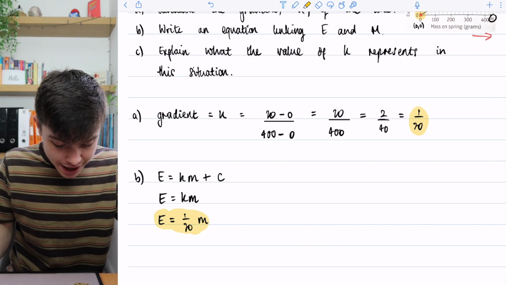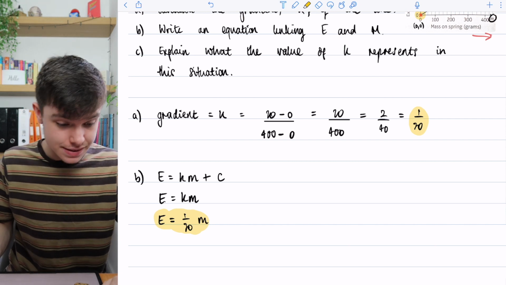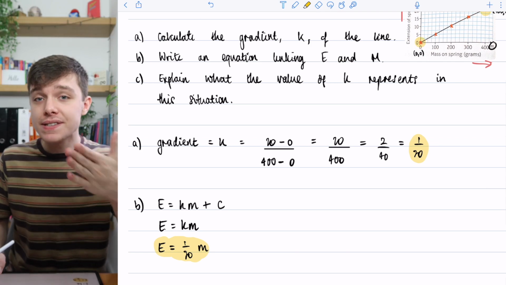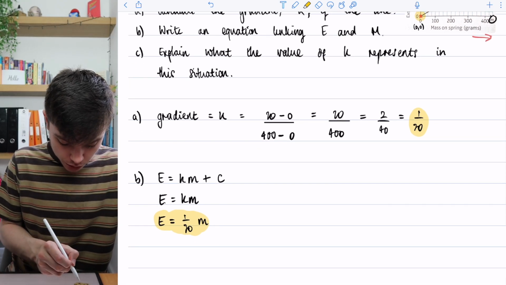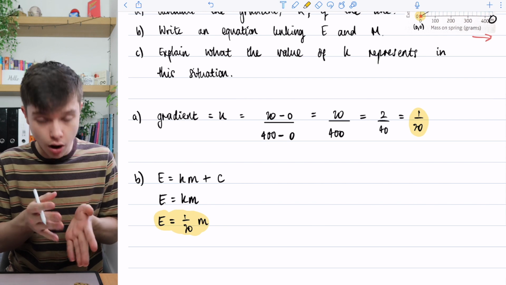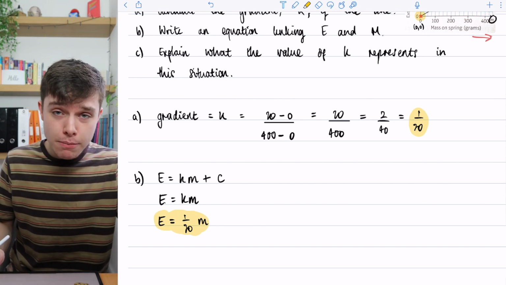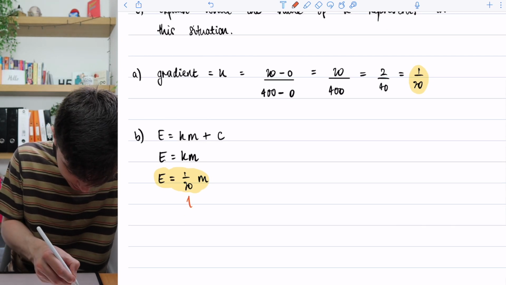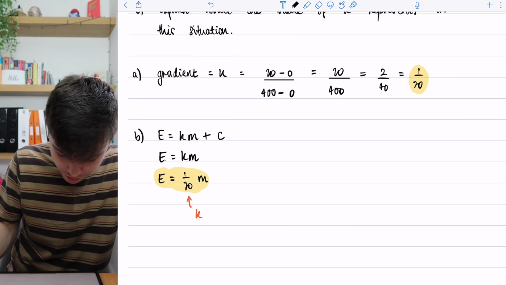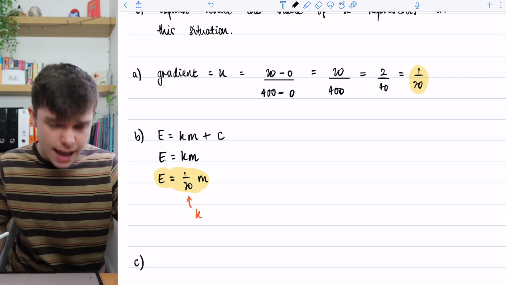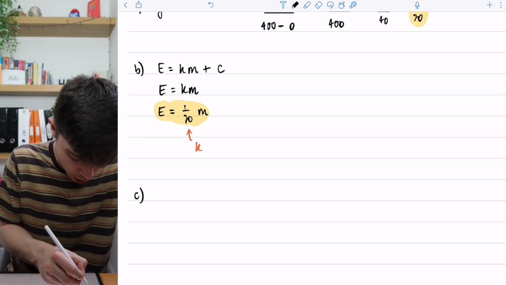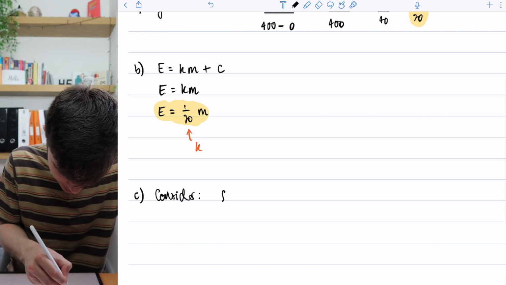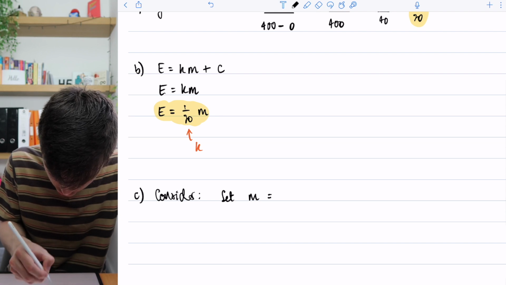So C says, explain what the value of K represents in this situation. So we always have the same answer to this. E is equal to some multiple of M, okay? And that multiple is 1 over 20. So what does K represent? Remember, this is K. Well, if we think about it, let's set M equal to 1.